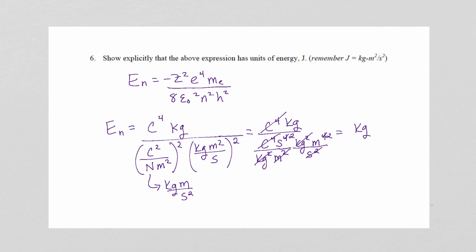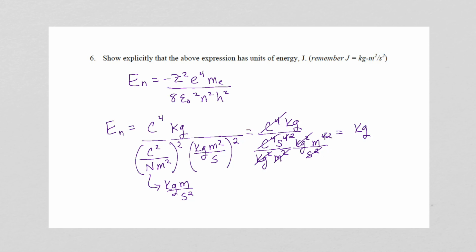Okay, so I can see these aren't working out, so let's go back and double check that we got everything brought over, and oh, I see it. I think I missed carrying over that meter squared right there. So I subbed in the kilogram meter per second squared here for the Newton, but I forgot my m squared, which I need to square. So we'll just fix that.